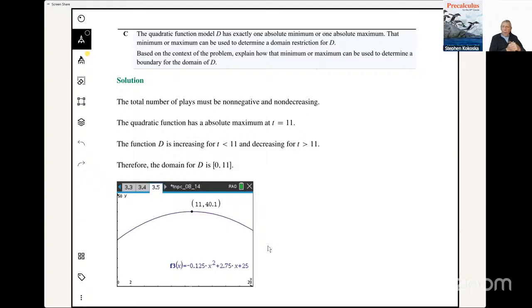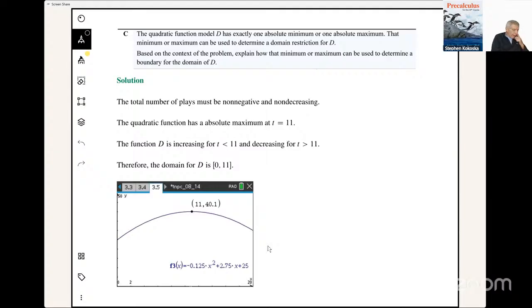We know from a minute ago that it's concave down. So we know that it must have an absolute maximum. So we know that the domain here, t cannot go beyond that value at which that maximum occurs because, well, then the graph would be decreasing and D is accumulating the total number of plays of this song. So it can't be going down.